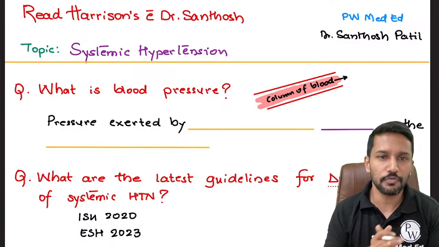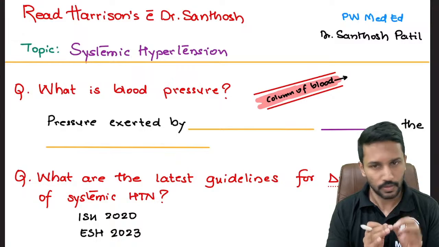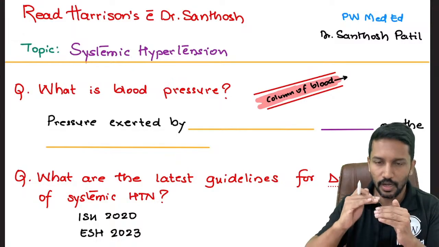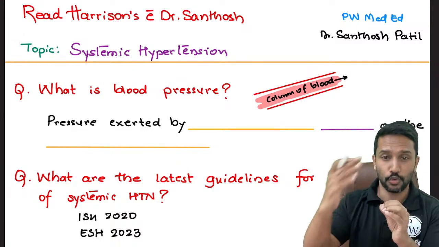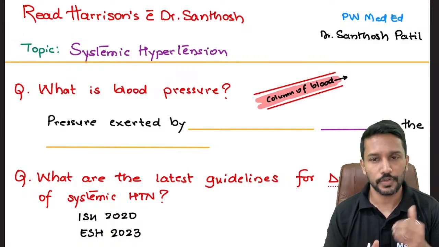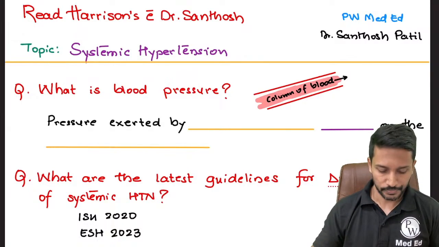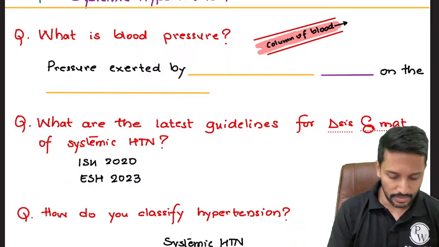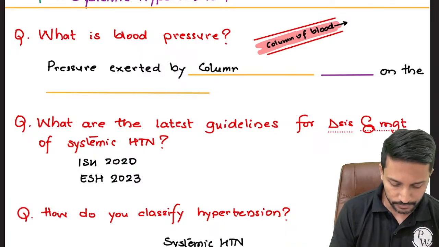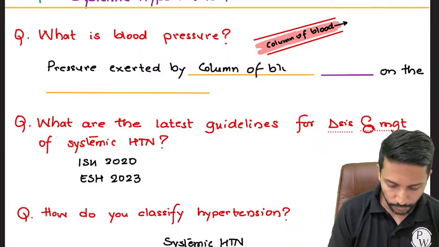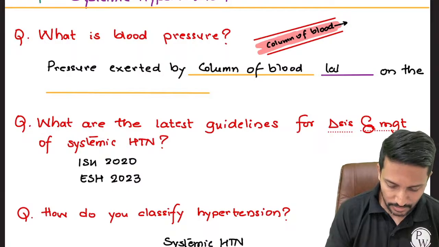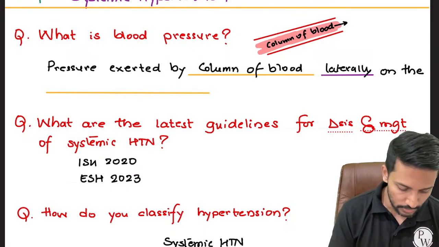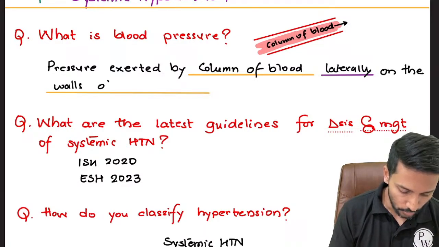Okay, so we'll begin first by defining blood pressure. We all know that when blood pressure is above a certain predefined threshold, we will call it hypertension. So first we should know what blood pressure is. Blood pressure is nothing but the pressure exerted by the column of blood laterally on the walls of the blood vessel.